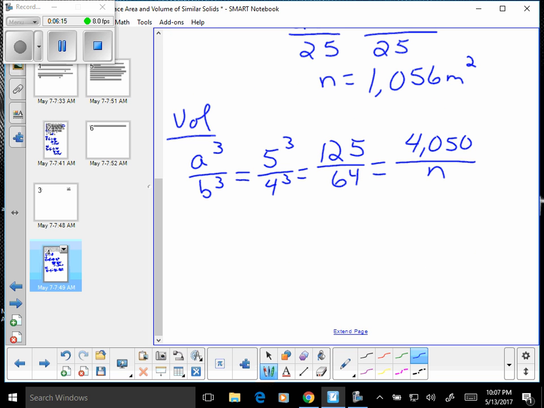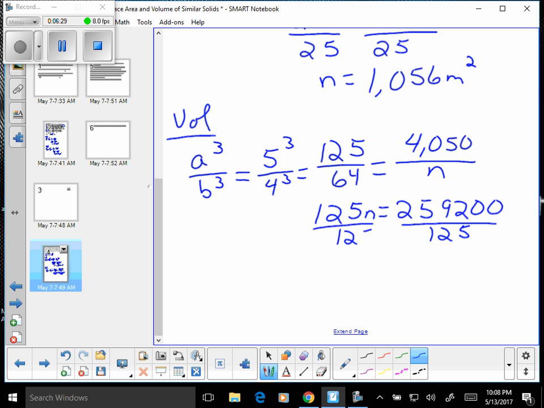Again, hit pause, solve the proportion if you'd like. 125n equals 259,200. Divide both sides by 125. Again, round off to the nearest whole unit. 2,074 meters cubed.